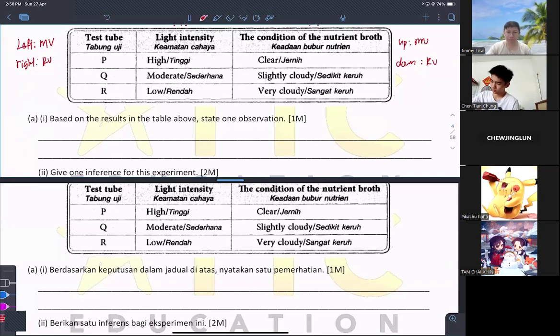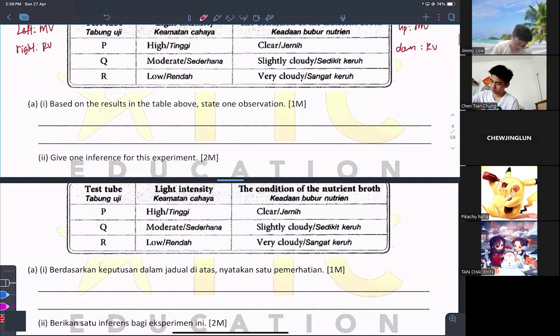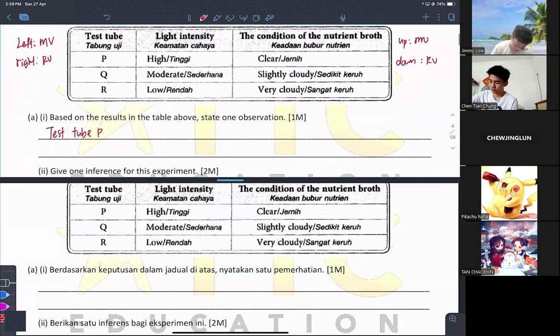Okay, so based on the result above, state one observation. You say, what happened to test tube P? You say test tube P is clear in the nutrient broth.